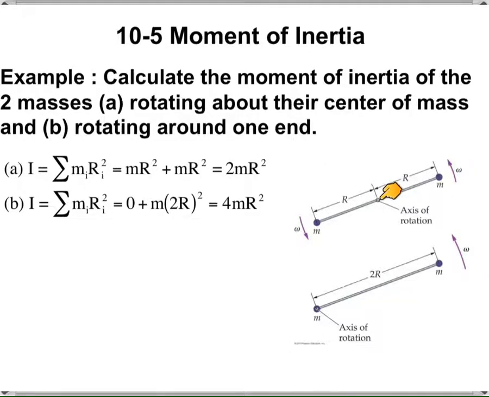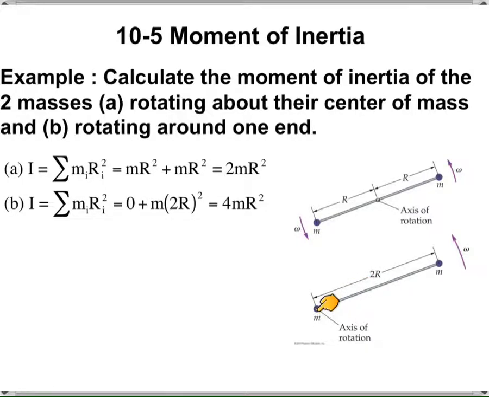So it's mr square, and it's again mr square for the other mass. Of course, you have to add these two to calculate the total moment of inertia. So the result is 2 mr square. In the second case, one object is right at the center.